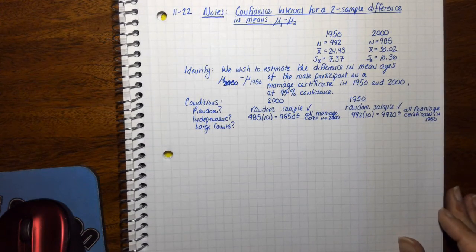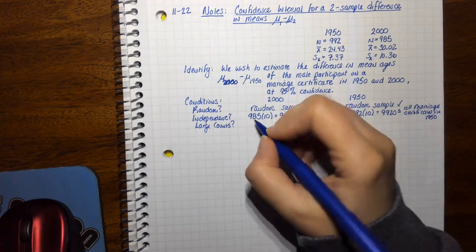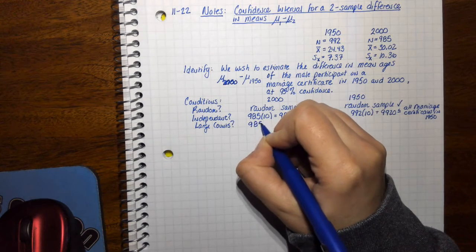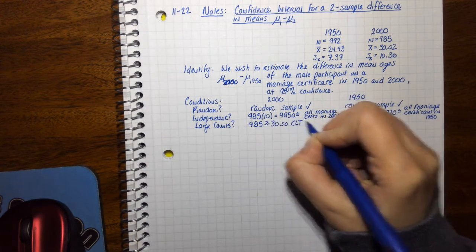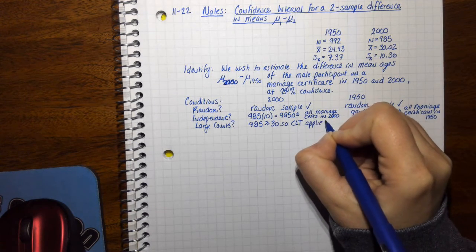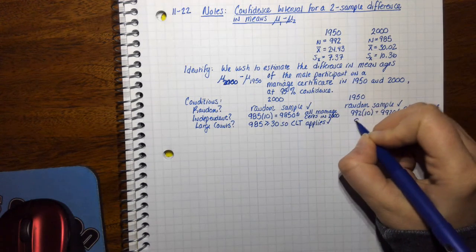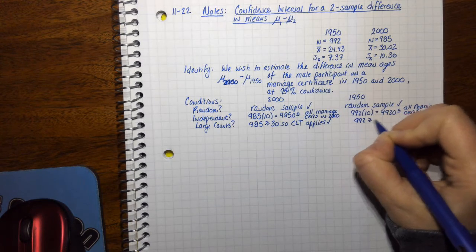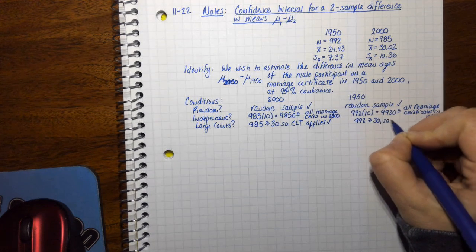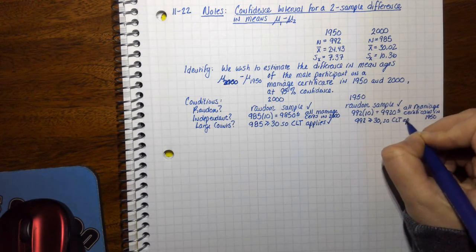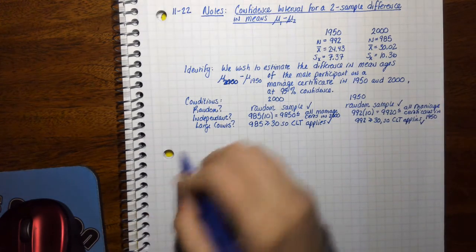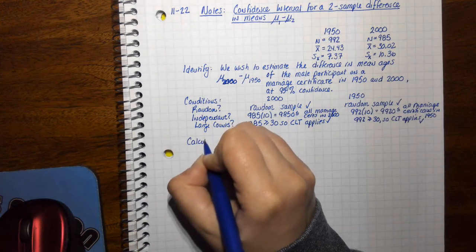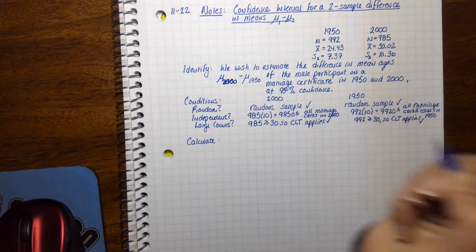Okay, large counts. Oh yes, we have very large counts. 985 is greater than or equal to 30. So CLT applies. 992 is greater than or equal to 30. So CLT applies.